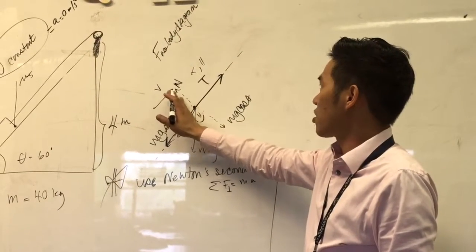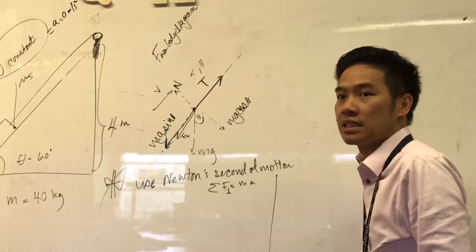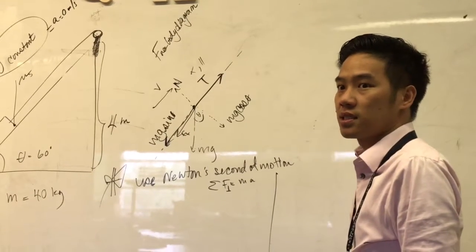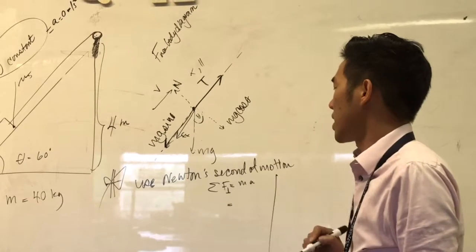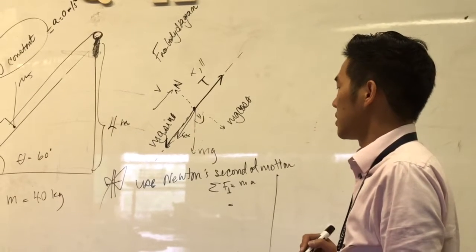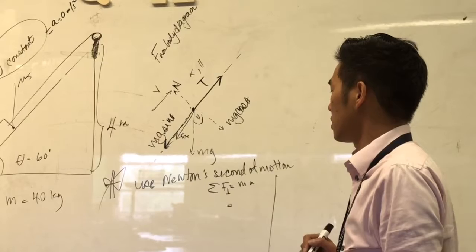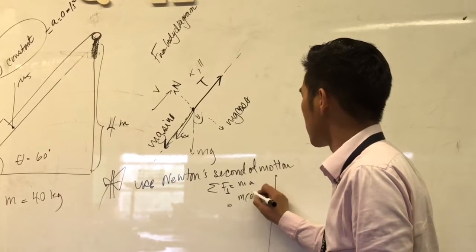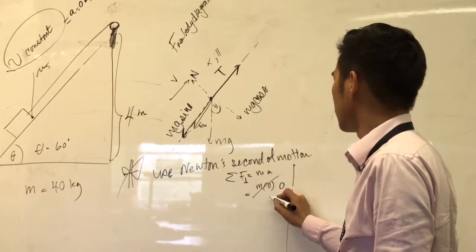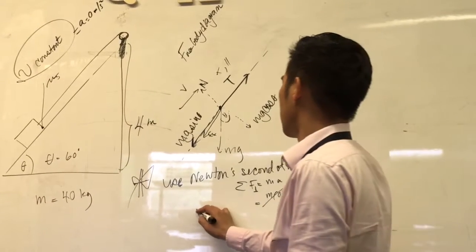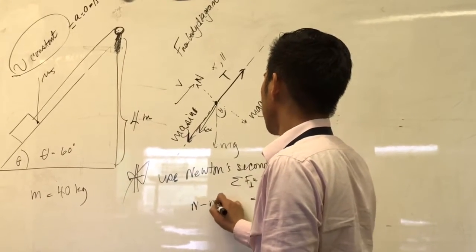What have you concluded? They equal each other out, because the acceleration is 0. So it's force normal minus mg cosine equals 0.